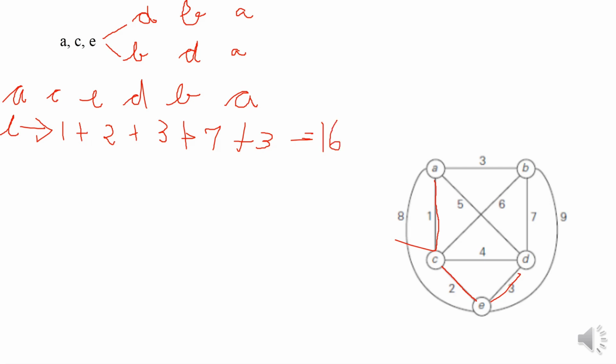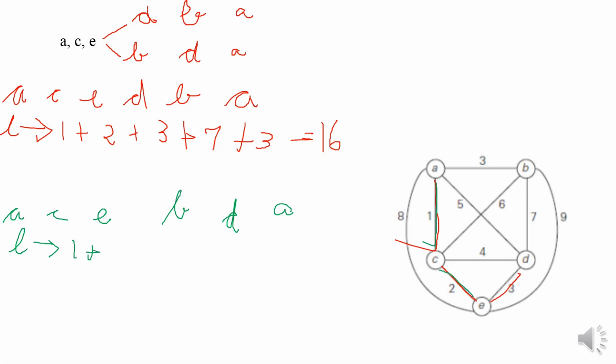And if we were to take this particular route, that is A, C, E, B, D and A, then the edge AC is this one. So 1 plus the edge CE.